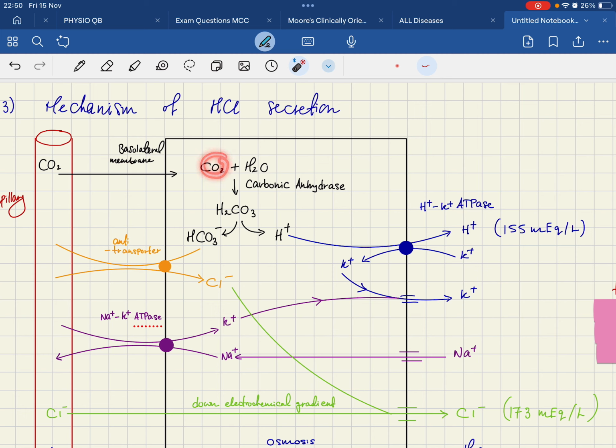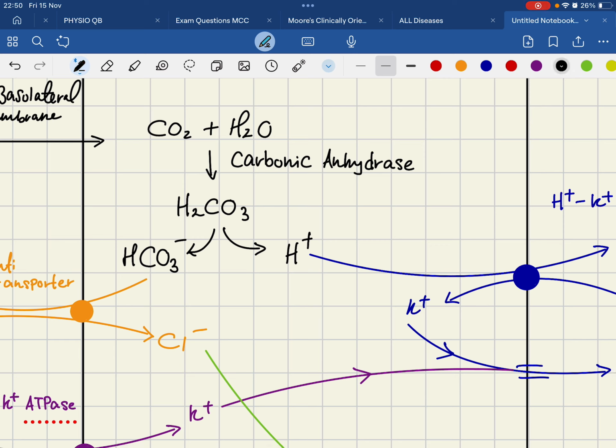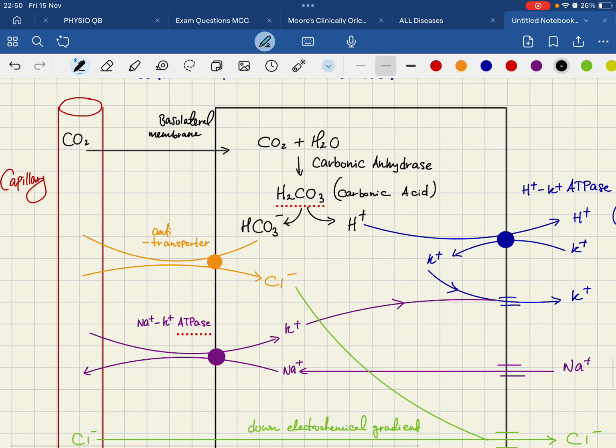This carbon dioxide will be hydrated by water in the presence of carbonic anhydrase, which will form carbonic acid. And then this carbonic acid will dissociate into bicarbonate ion and H plus ion.